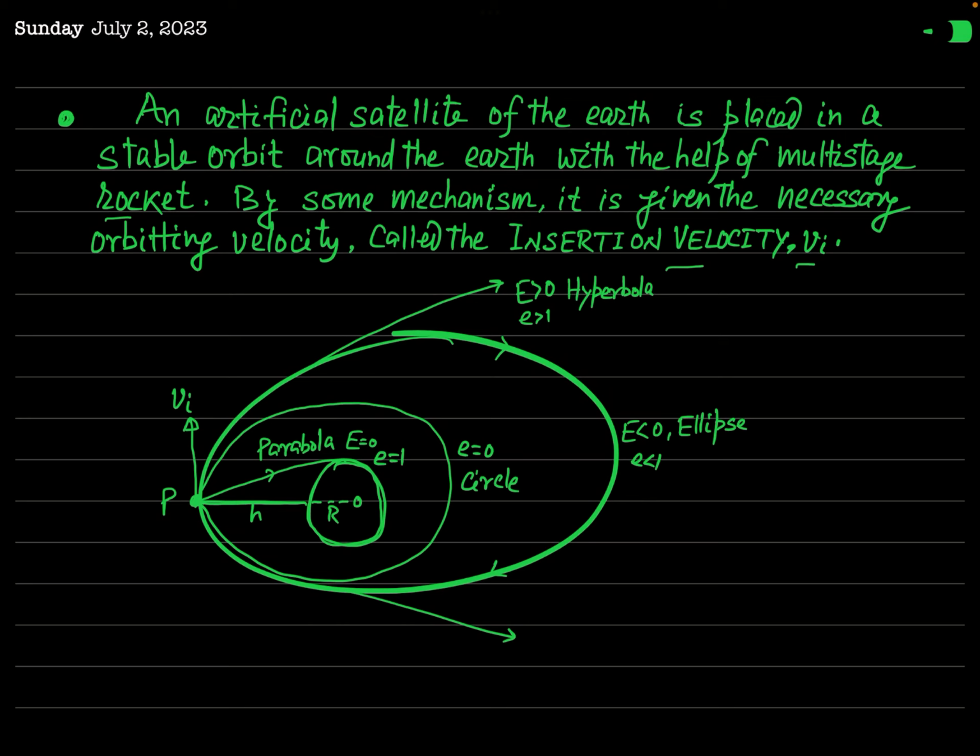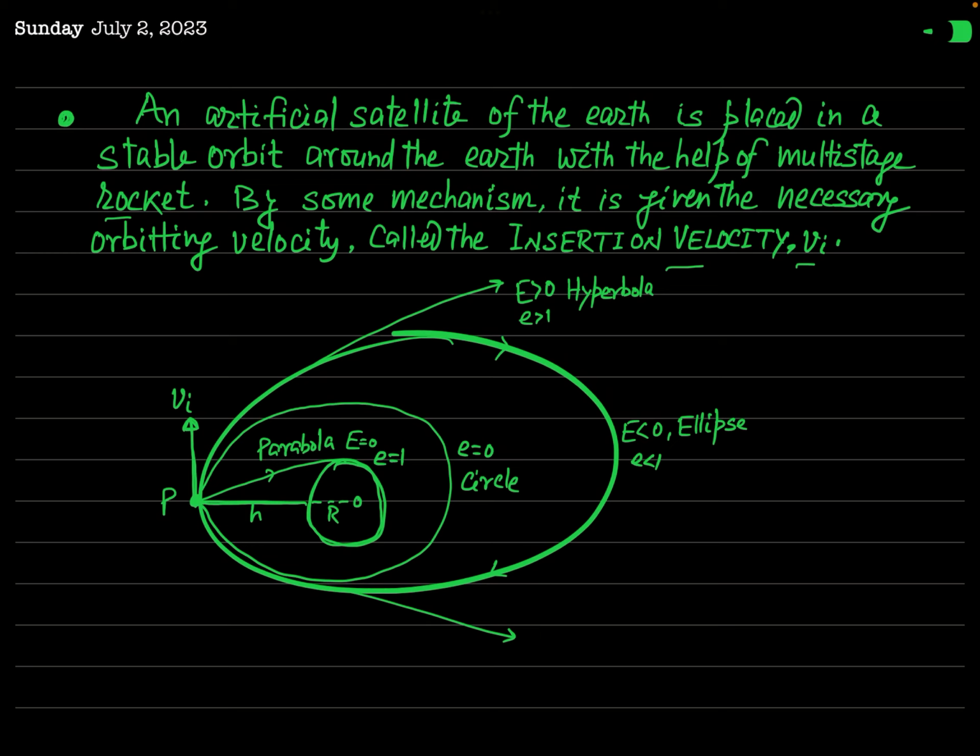It means the orbit of the satellite is at a height h from the surface of the Earth, and here by some mechanism it is provided a velocity Vi, which I have shown in this figure. This is called insertion velocity. This is the velocity required for orbiting the satellite.